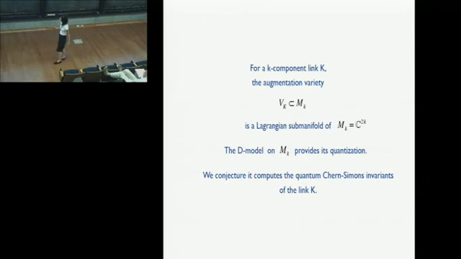So in this way, the knots and links are unified in one picture. One consequence of this, the story would in particular imply the theorem of Garoufalidis that the colored Jones polynomial of a link is q-holonomic. The story of the D model naturally leads to holonomic D-modules, and this will be just one of its consequences.